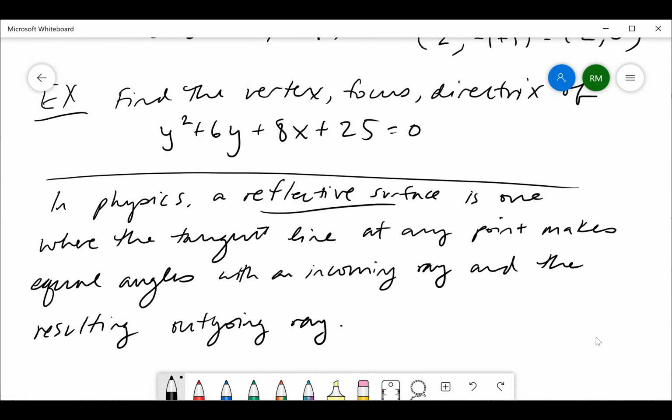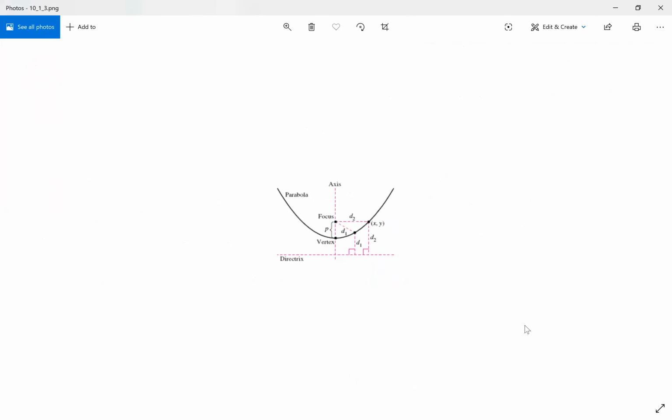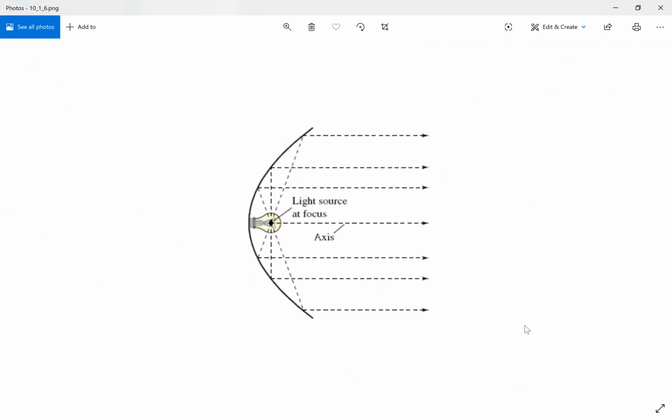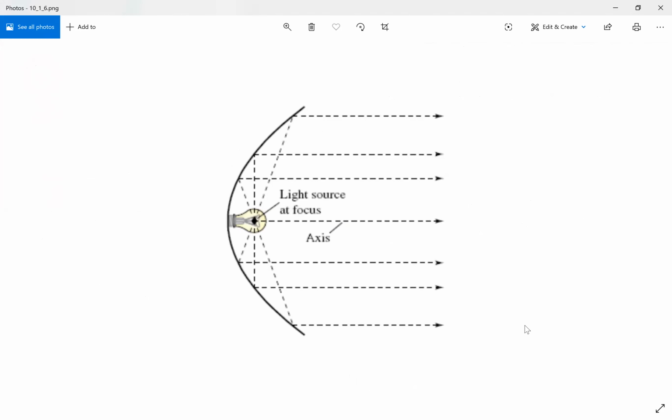Okay, so let's take a look at a little picture and see what that looks like for us. So let's trace a little path of light. Let's say that the light is traveling here. Let me annotate this. And then it goes outward. And here is the tangent line.